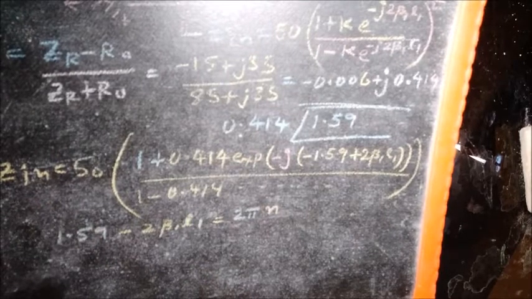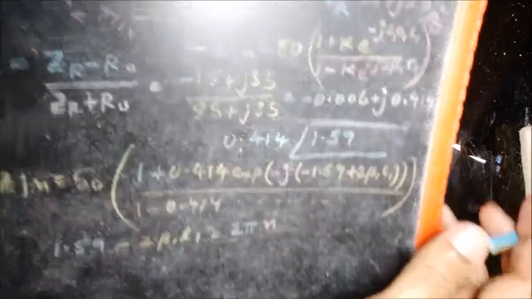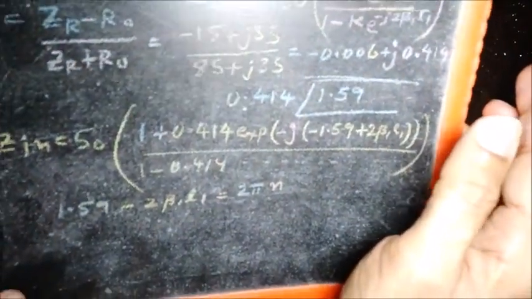Of course, the other way of looking at it is that we have to make it (2n plus 1) into pi, where n is an integer. That is also possible, but that may result in a longer L1. So we are trying to look for the shortest L1 which can satisfy this condition, because of course we would prefer everything to be small.